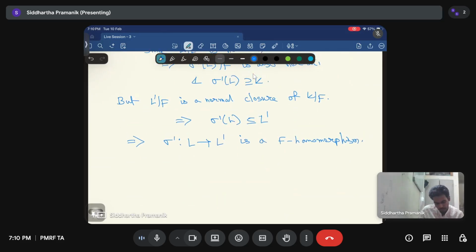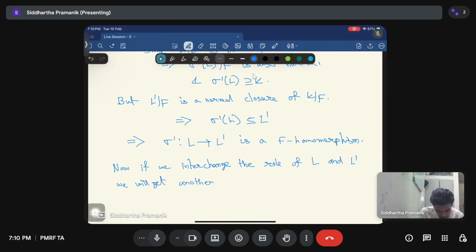And also if we interchange the role of L and L prime, then we will get a reverse map. Now if we interchange the role of L and L prime, we will get another F homomorphism, let's say sigma double prime from L prime to L, right?